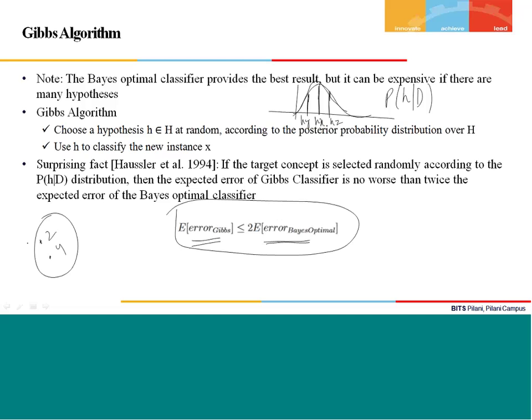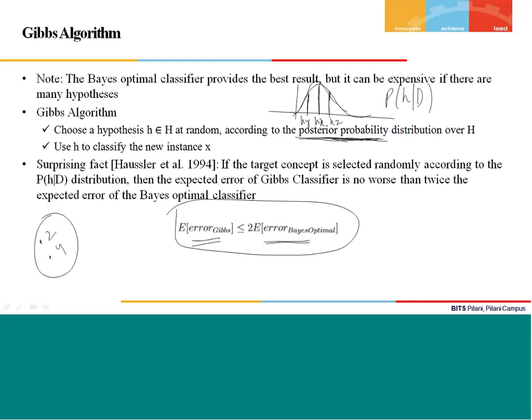Okay, so what is Gibbs saying? Gibbs is saying: choose H at random according to the posterior probability distribution. I want you to pay attention to these words. What do you mean by posterior probability distribution?